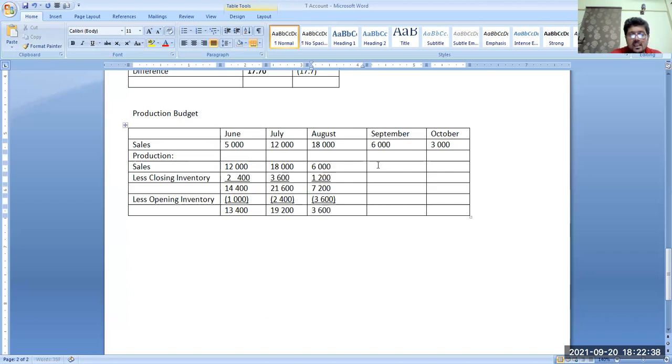Done. Now in September we'll prepare for October. So 3,000 we have to prepare for October. Achha, less closing inventory. Closing inventory we have to take from November.